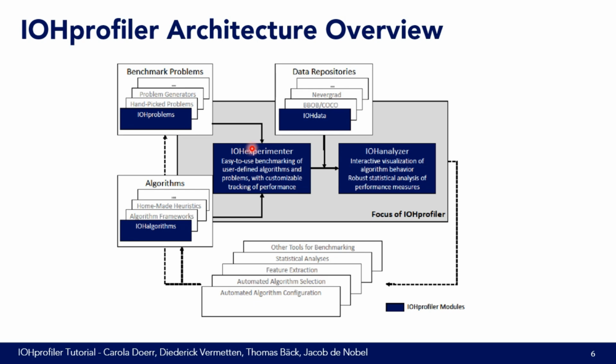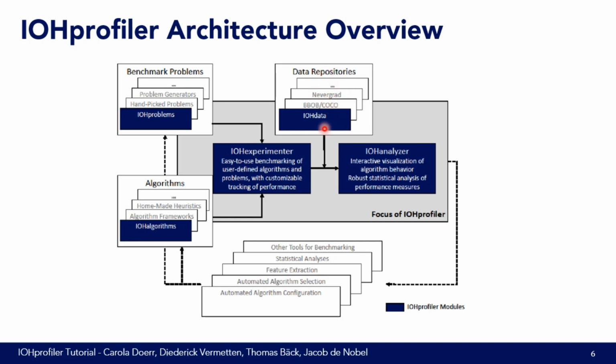And then we have, as a separate module, the IOH analyzer, which allows for interactive visualization of algorithm behavior, different kinds of analyses, different kinds of performance measures, etc. based on data that you can generate, for example, with IOH Experimenter, but also from different kinds of repositories. So from repositories that we host, but also from BBOB or COCO's repository, from Nevergrad, etc.